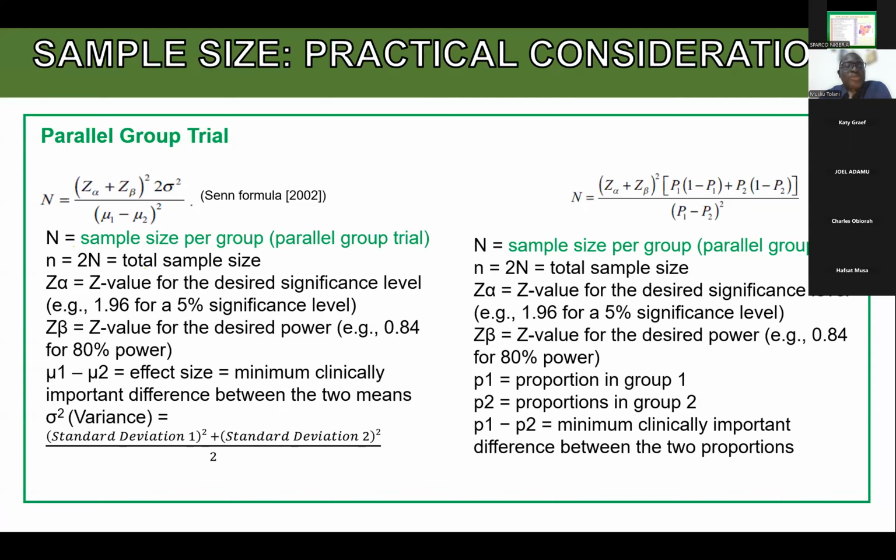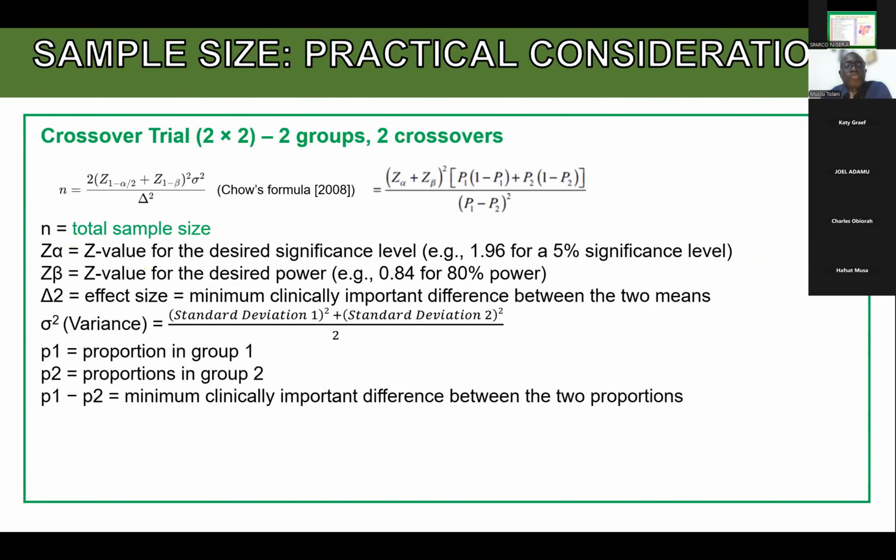That applies to the parallel group trial formulas versus the crossover trial formula. If you look at the next screen, there are different formulas for calculating sample sizes for crossover trials, but this formula looks similar to the parallel group formula in terms of everything, but the computation it makes is the total sample size.